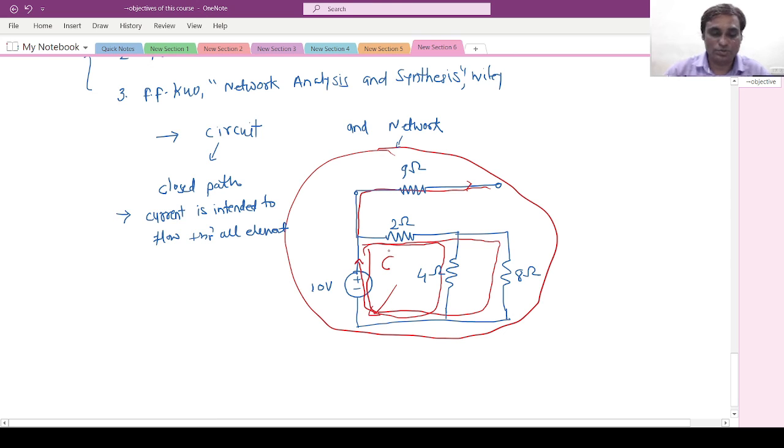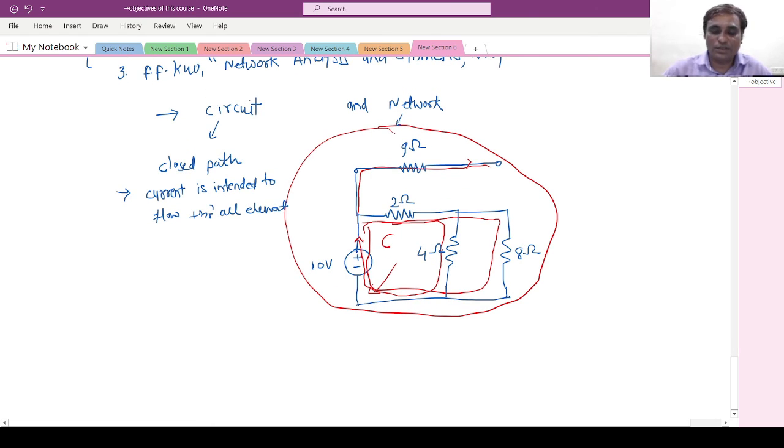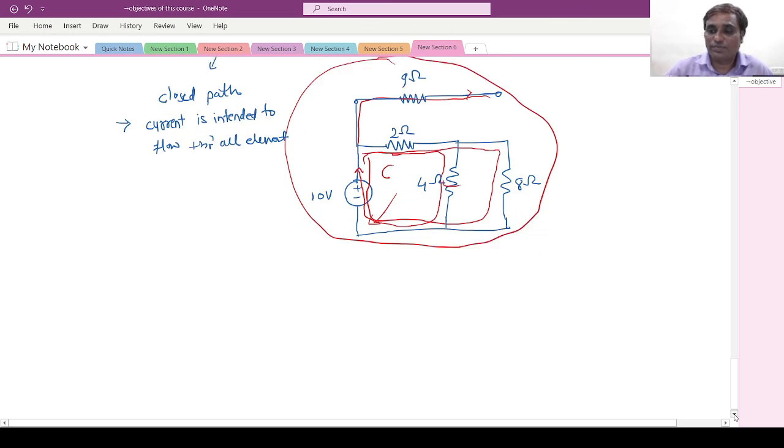Okay, so all circuits are networks, but all networks are not necessarily circuits. So basically circuits are the basic building blocks of the network. Overall, a circuit or network is an interconnection of various components in order to act together to achieve a certain objective.